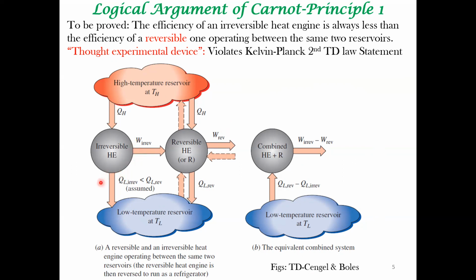Therefore, the heat rejected to the low temperature reservoir by the irreversible heat engine is lesser compared to the heat rejected by the reversible heat engine. So that's one part of the proof. Let's see how we are going to elaborate further.